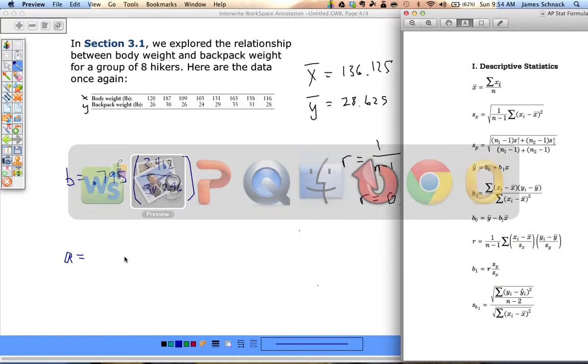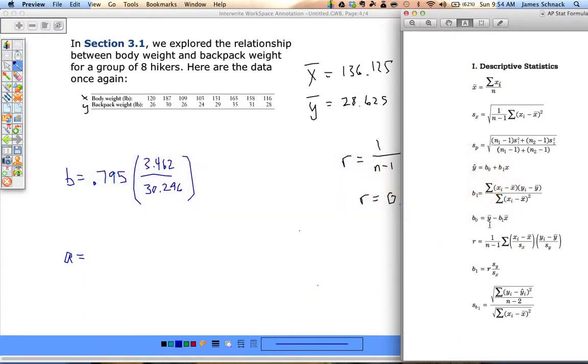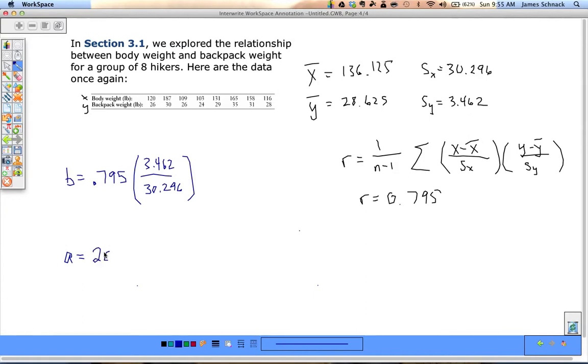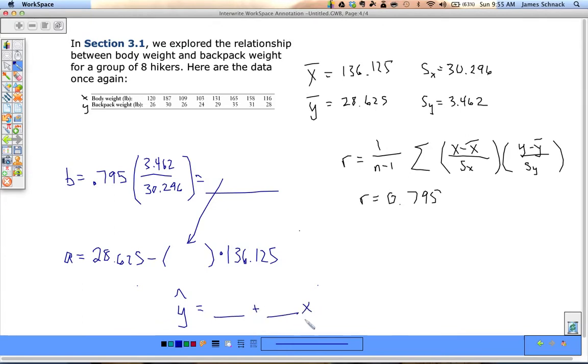The way we get that, if you go back to our formula sheet, is the y mean minus the slope times the x mean. So 28.625 minus whatever we got here times the x mean, 136.125. And there we'll have our slope and our y-intercept. We'll be able to write a least squares regression equation. Y hat equals whatever the a is plus whatever the b is times x.